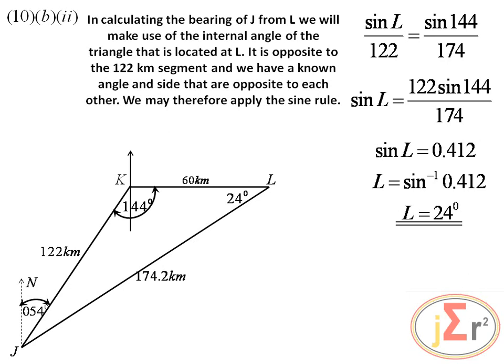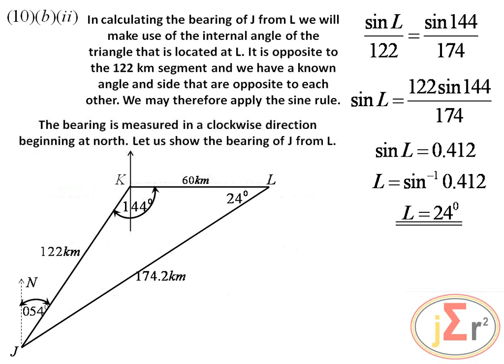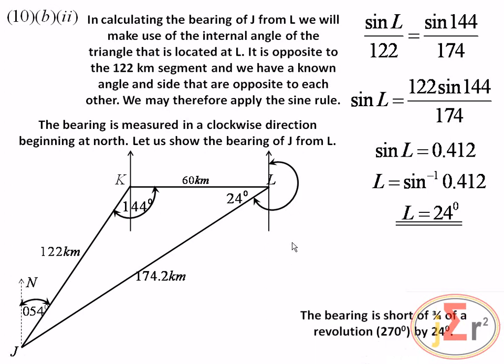Now we may make an attempt of finding the bearing of J from L. The bearing is located at L. No bearing without north, so we have to have a north line. The bearing is measured in a clockwise direction beginning at north. Let us show the bearing of J from L. We have to have a north line at L, and the bearing will go in a clockwise direction beginning at north.